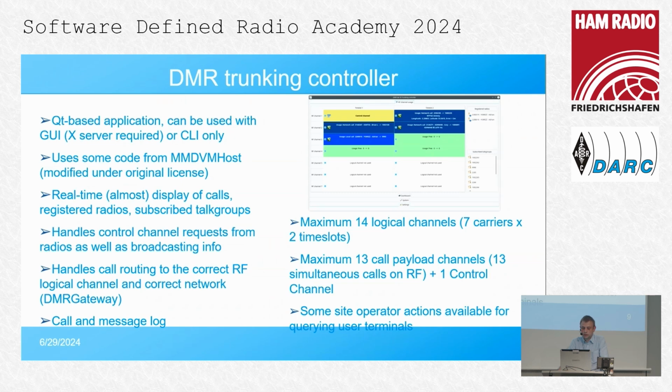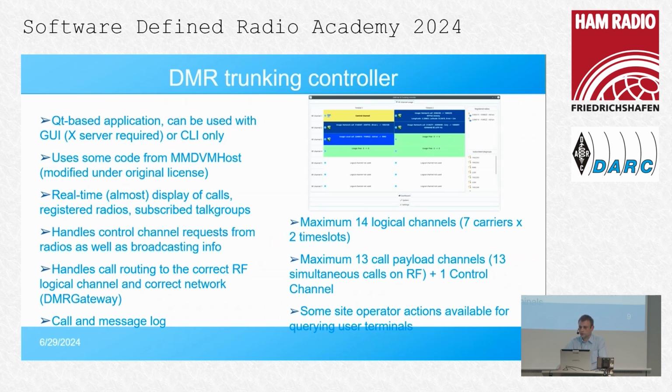And it has a sort of real-time display, if you ignore the fact that we're running on Linux. So not real-time, but it displays calls, registered radios, talk groups, and which are subscribed by radios, and will also handle all requests by the user radios.